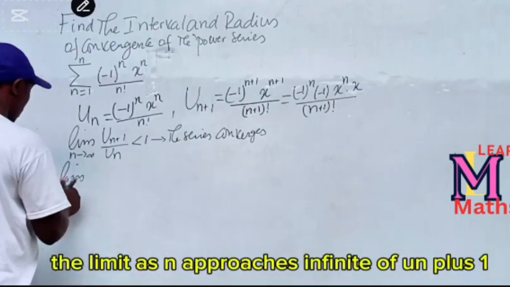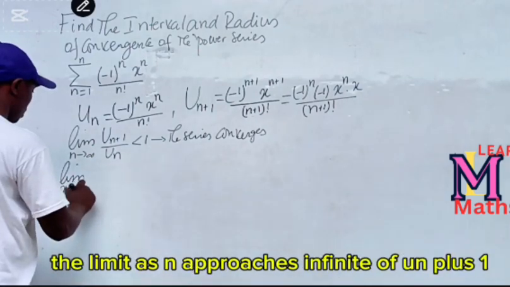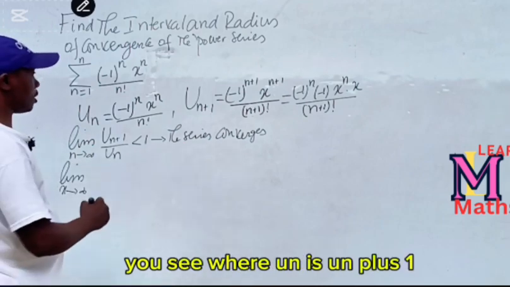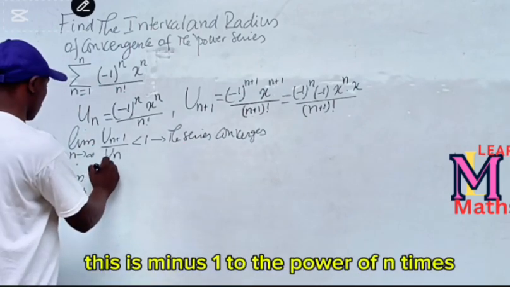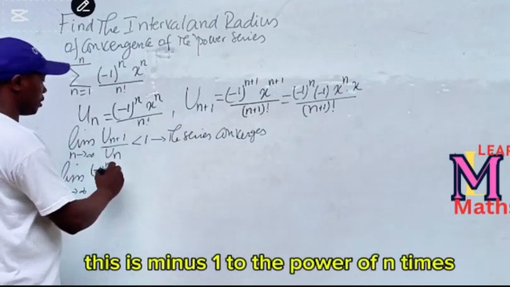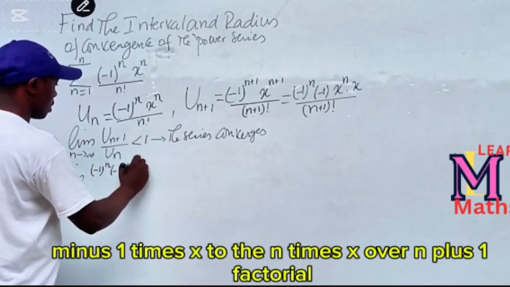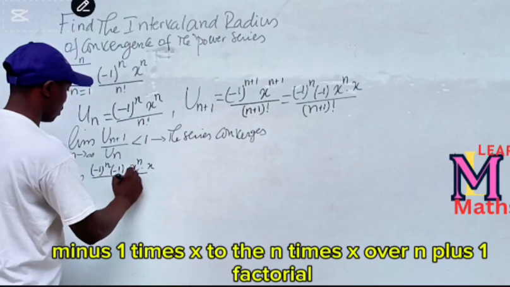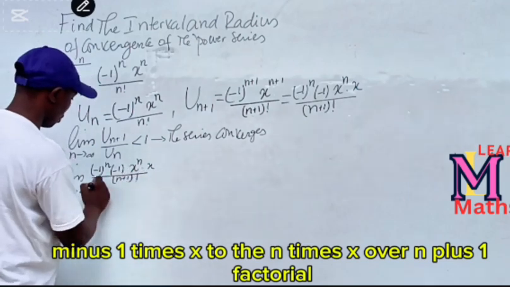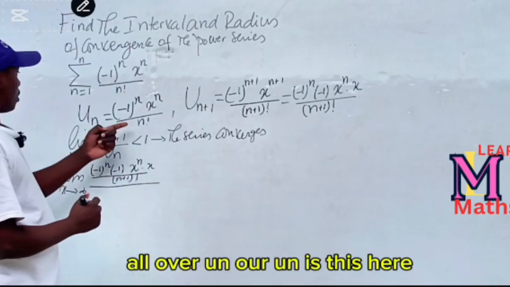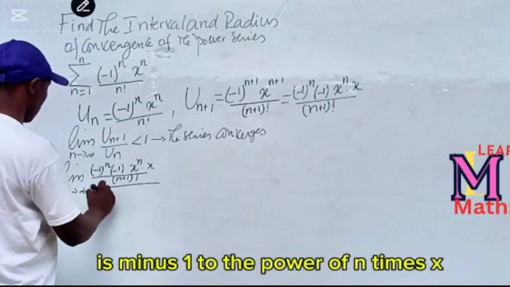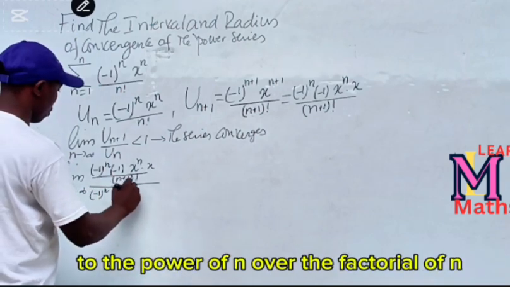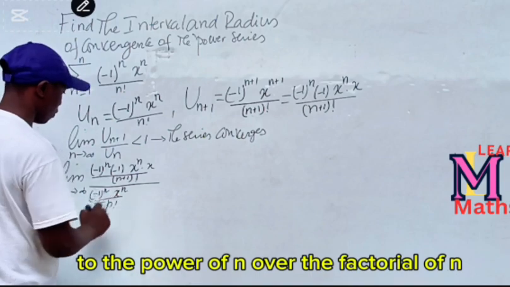The limit as n approaches infinity of u_(n+1) over u_n is (-1)^n times (-1) times x^n times x over (n+1) factorial, all over u_n. Our u_n is (-1)^n times x^n over n factorial.